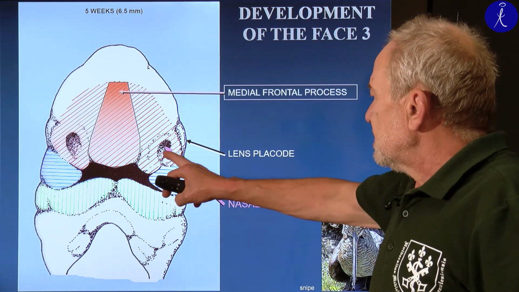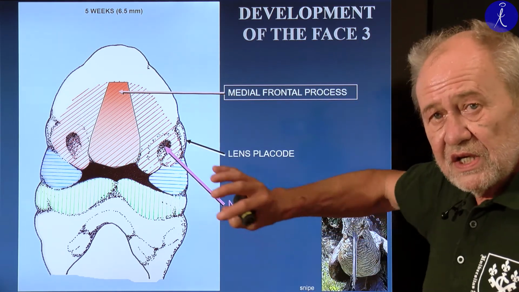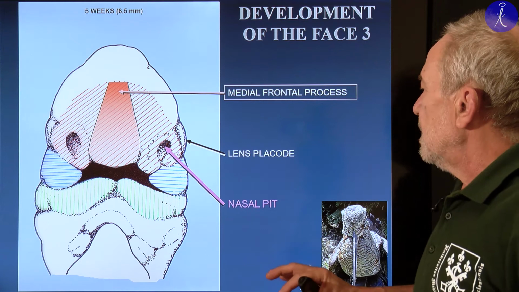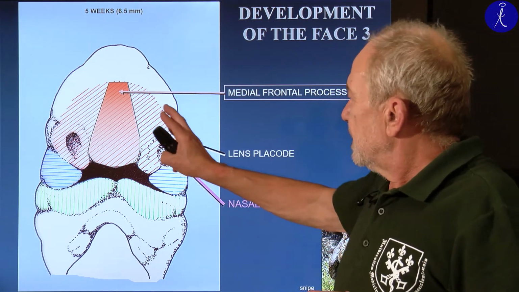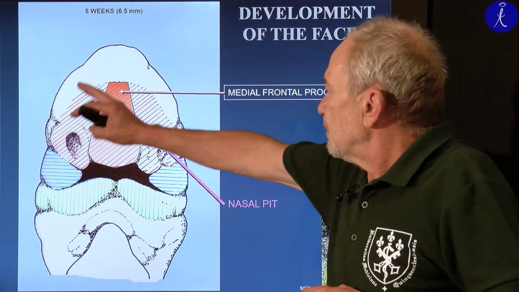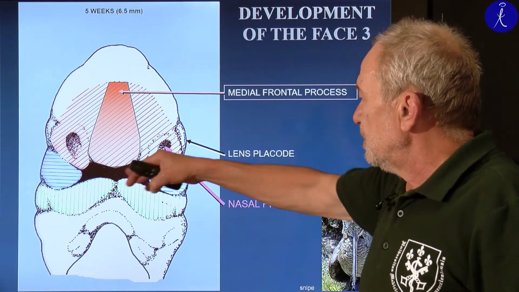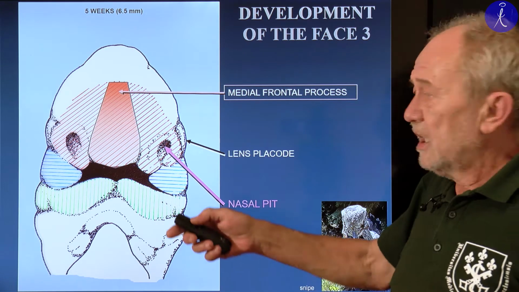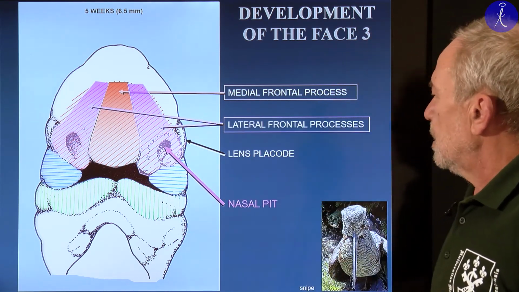So the nasal placode deepens, the placode itself moves back deep into the mesenchyme, and this shallow depression is now called the nasal pit. By this developmental happening, the frontonasal prominence is divided into 3 parts. The middle portion is called the medial frontal process, surrounded by the 2 lateral frontal processes.